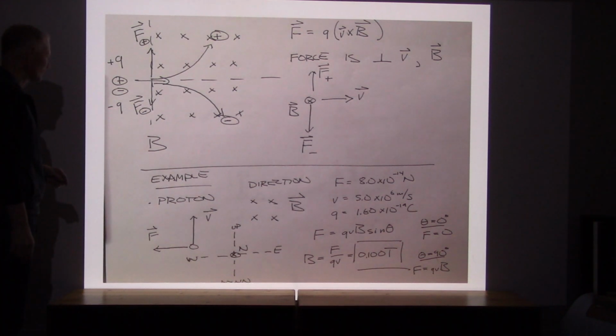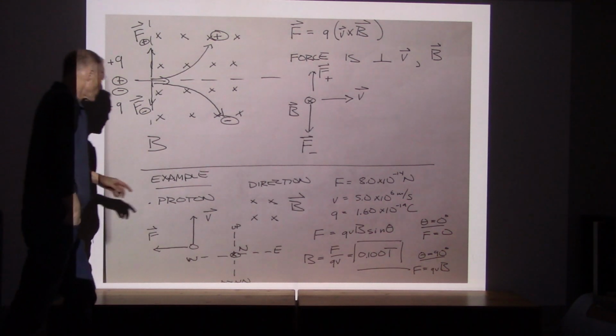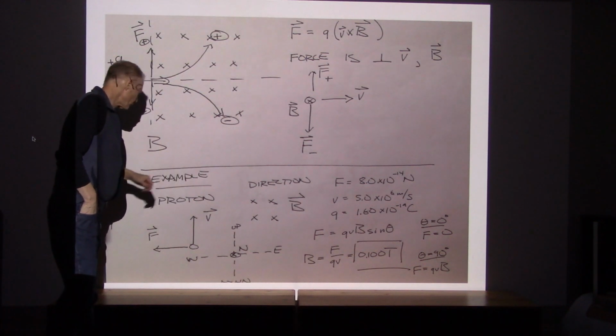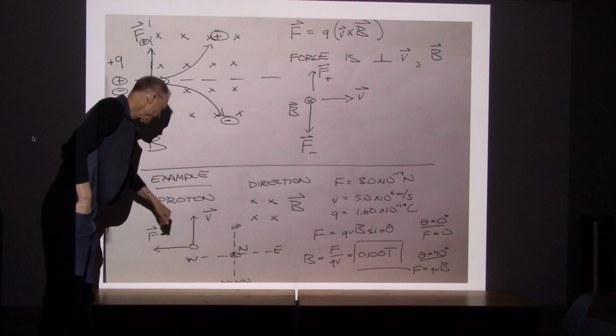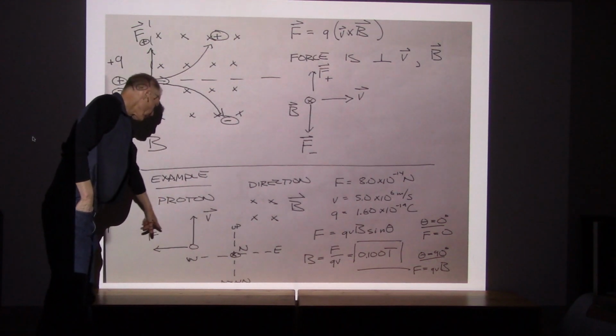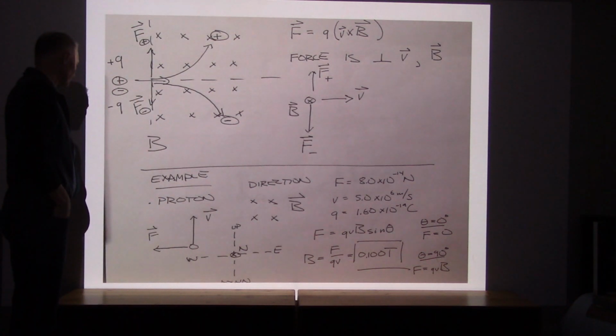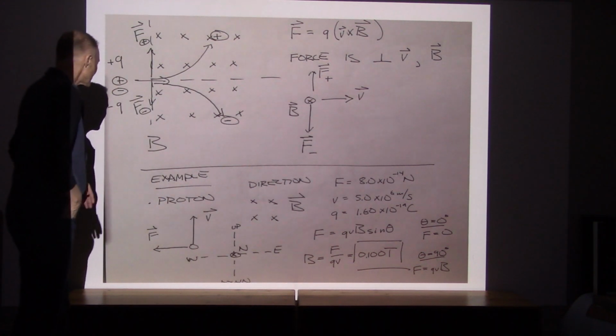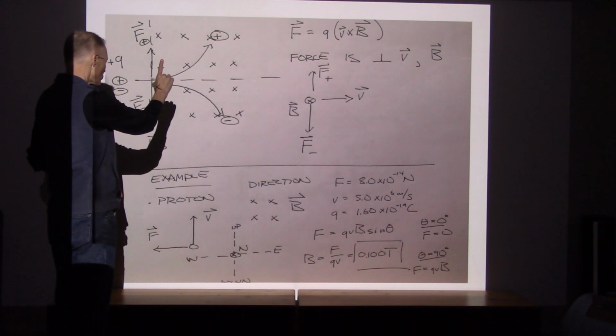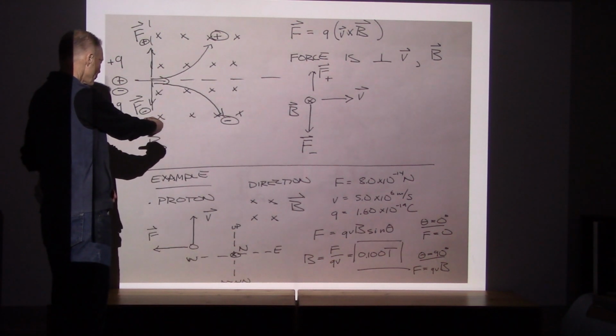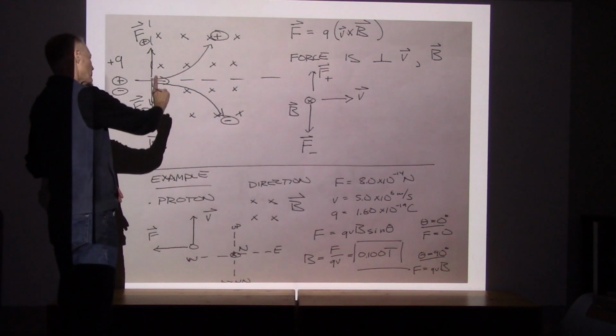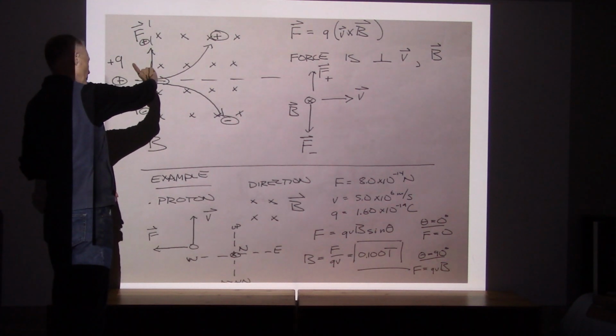Let's see. So I think they've got an example in here too, where they have a proton headed in some direction in a magnetic field, and there's a force. So the idea is this. There's a proton going in this direction. We can see that there's a force acting on the proton because it's curving to the left.